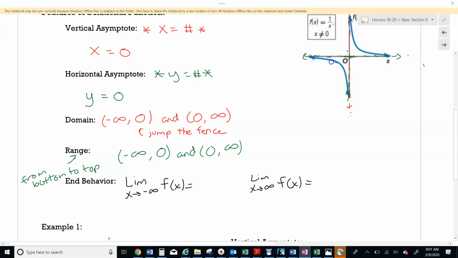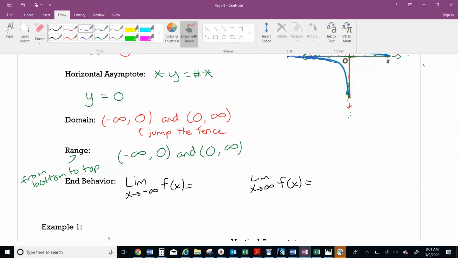Well, as I go to the left, what's my graph doing? Well, before, with polynomials, we always went straight up or straight down. And that's not what we're doing here, right? This graph is getting closer and closer to this asymptote.